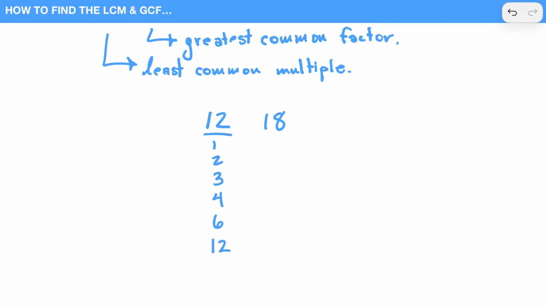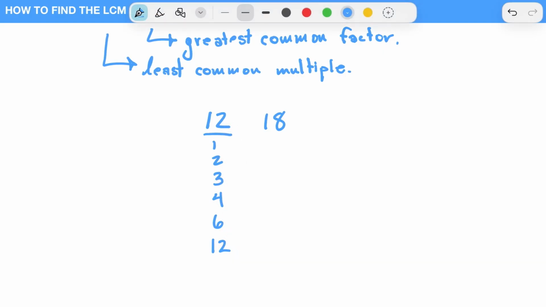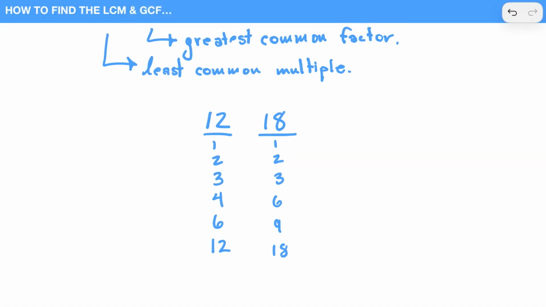And notice they're all factors because each of these numbers can divide back evenly into 12. If I do the same thing with 18, I get 1, 2, 3, 6, 9, and 18.